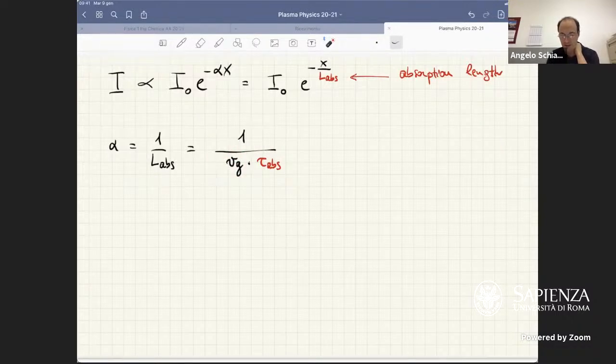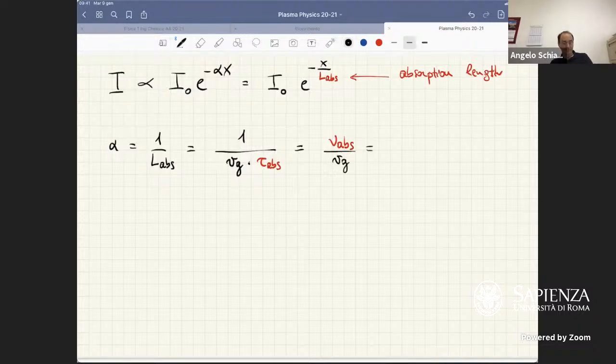Remember that V group is the group velocity of the wave, not the phase velocity, the one that describes the transport of energy and momentum by a wave. So we write the characteristic absorption time as the reciprocal of the characteristic absorption frequency, divided by V group.